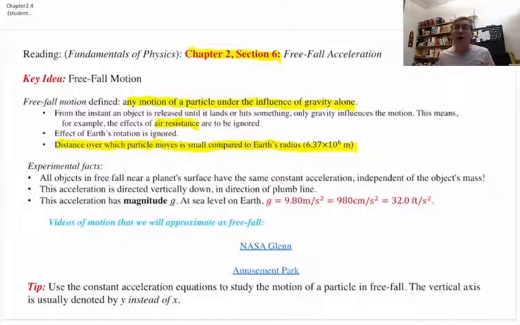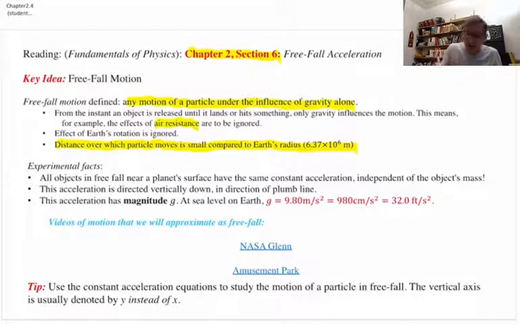But for typical problems like we're going to be studying, like somebody drops a rock off a bridge and lets it fall into a river, or takes a baseball and just throws it straight up and lets it go up and come back down. Things like that, we're good. Okay? Those are distances small compared to the Earth's radius.